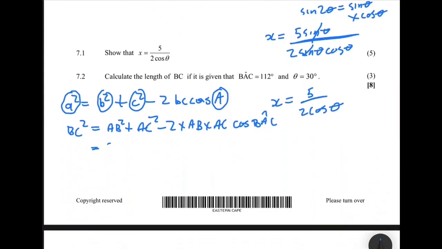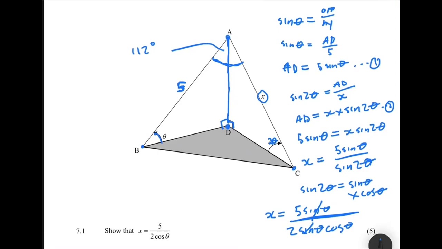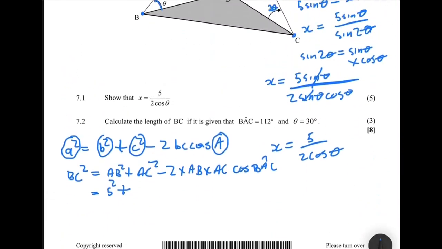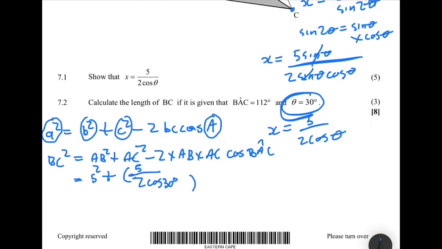AB is 5, so we have 5 squared plus AC squared. AC is x, and we know what x is equal to. So here we're going to have 5 divided by 2 cos of theta. But we are given theta, it is said to be 30 degrees, so we can substitute 30 degrees here.